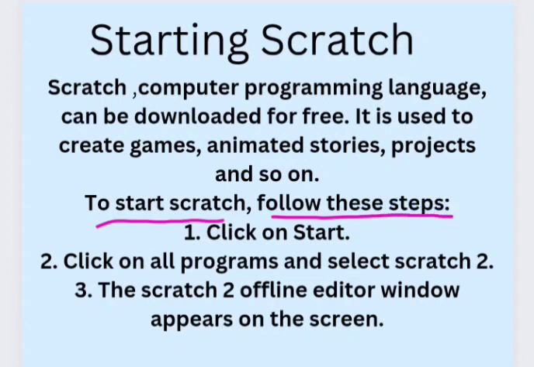Just see, the first step is to click on the start button. After that, click on all programs. When you click on the start button, a list opens. In that we have to click on all programs, and when you click on all programs, another list opens.